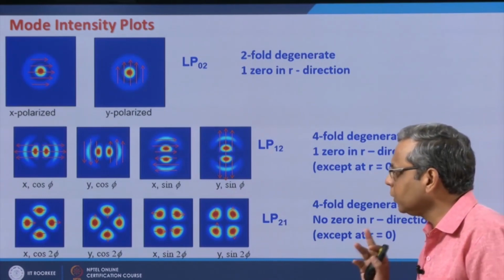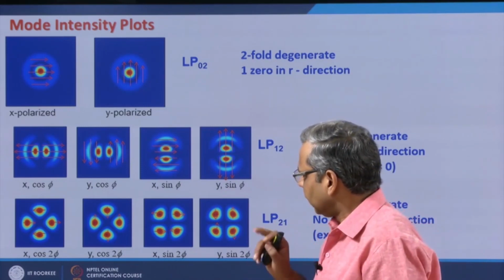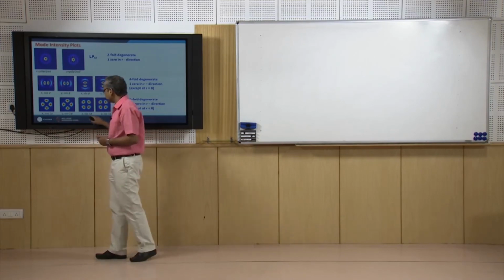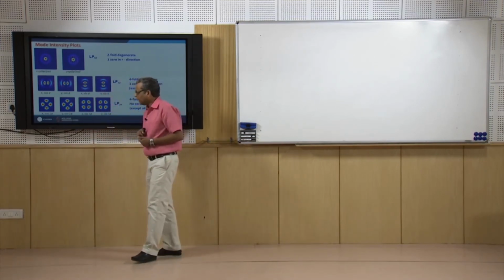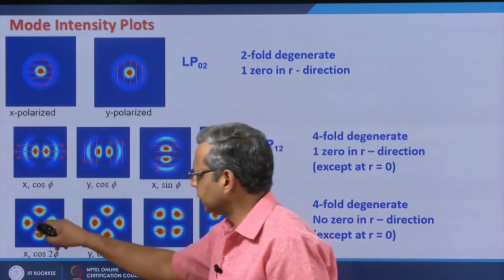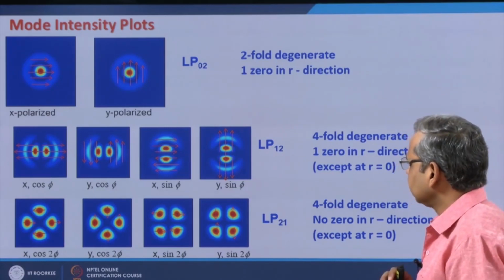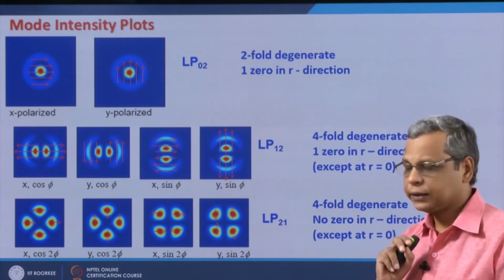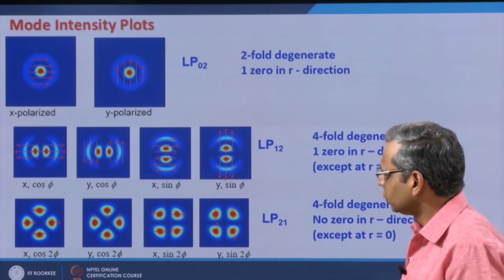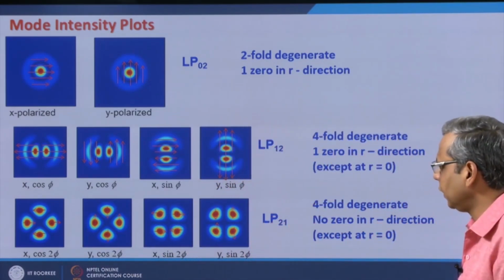Now, in LP21 mode, because L is equal to 2, the phi solutions are cosine 2 phi and sine 2 phi, and they will have 4 zeros in phi direction that you can see here, and in r direction there would not be any zero except at r is equal to 0. So, this is how the modal fields would look for even and odd modes.